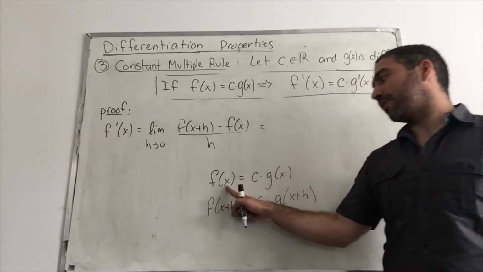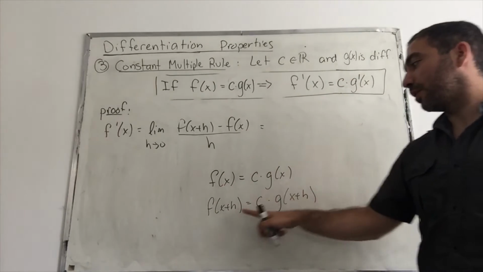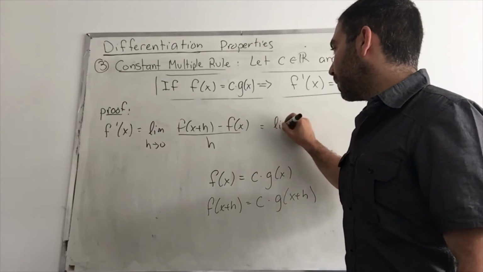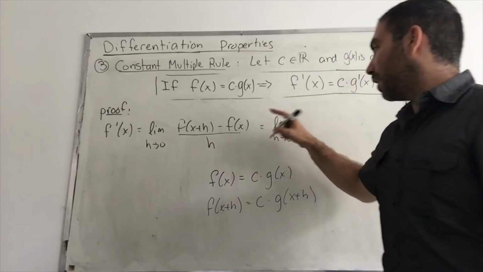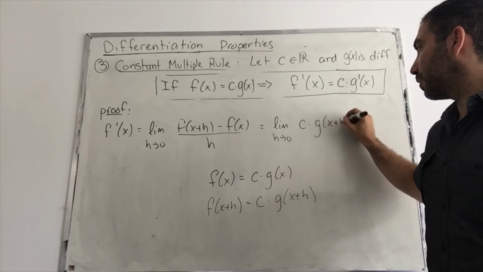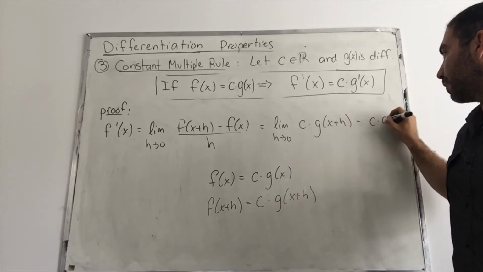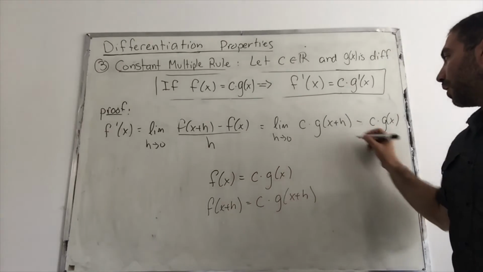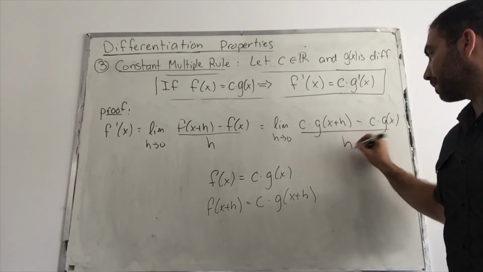Essentially, whatever's in here replaces what's in here. So this moves into here, and that gives us the limit as h tends to 0 of c times g of x plus h minus c times g of x, all divided by h.